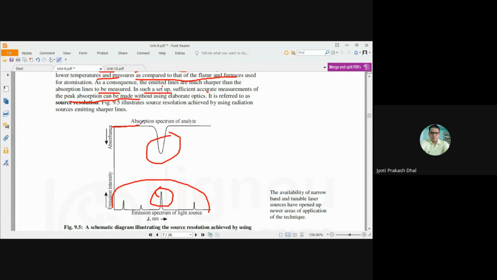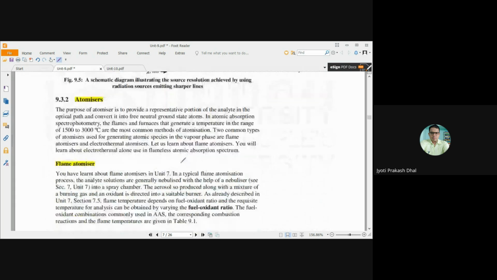But if the sample absorbs the electromagnetic radiation at a particular wavelength, there is a sharp decrease in the intensity of the light. From this position, we can know at which wavelength the sample absorbs electromagnetic radiation, and that is the characteristic of the sample.